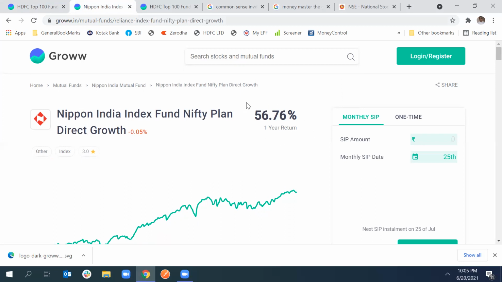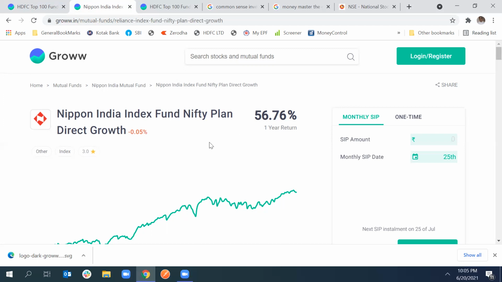My strong recommendation is, if you want to start your investment, start with a Nifty 50 index fund. It is not the Nippon India Nifty plan, I just took that as an example. There are so many AMCs offering Nifty 50 index funds, and here the ambiguity is very low. What should be your search criteria?